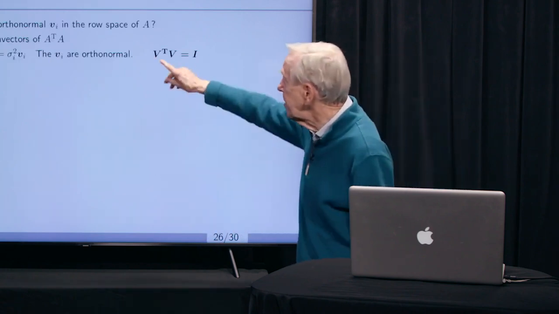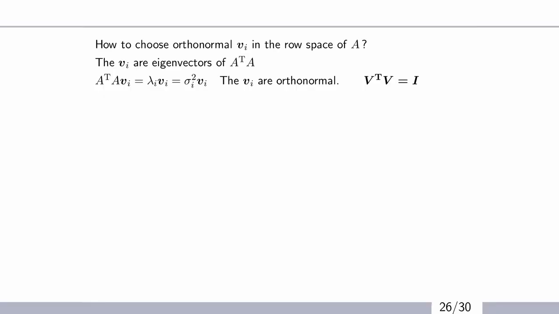So how to find these V's? Well, the answer is, if I'm looking for orthogonal vectors, the great idea is find a symmetric matrix and use those eigenvectors. So these V's that I want for A are actually the eigenvectors of this symmetric matrix A transpose times A. That's just nice.